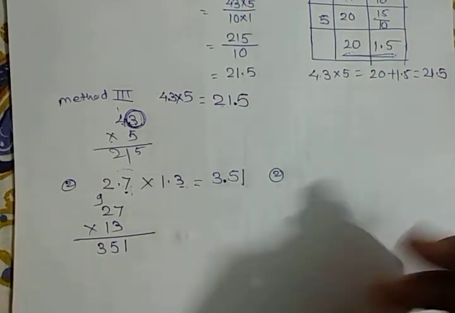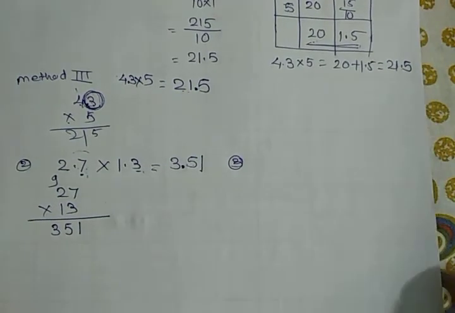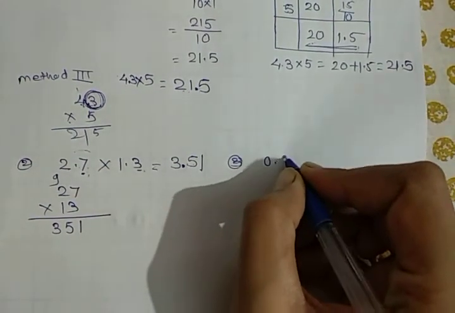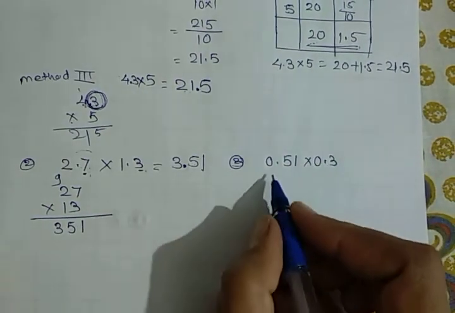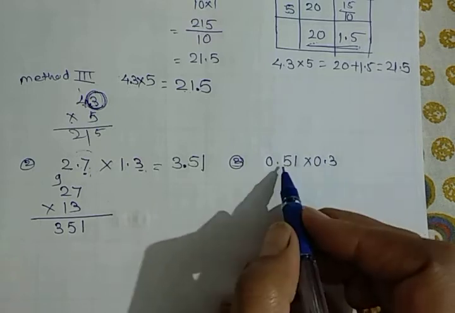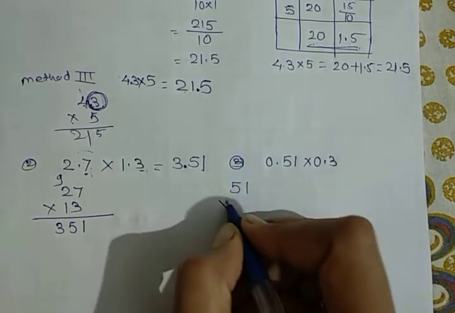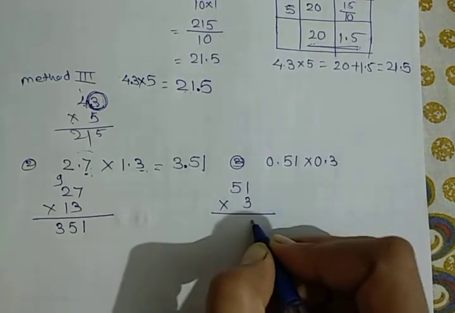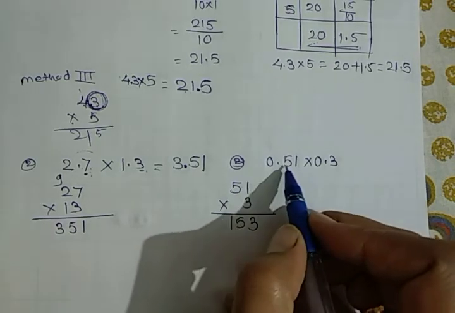Let's see one more example here. 0.51 multiplied by 0.3. See here is 0.51 and 0.3, but the original digits are 51 and 3. So first multiply 51 by 3. 3 ones are 3 and 3 fives are 15. Now look here.